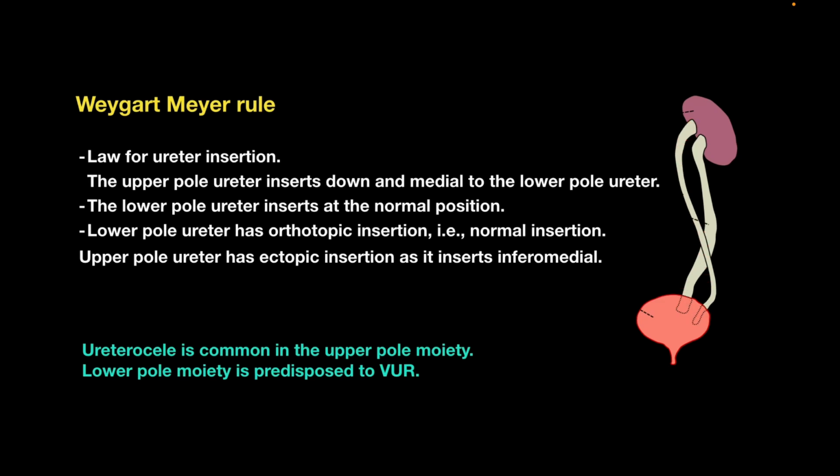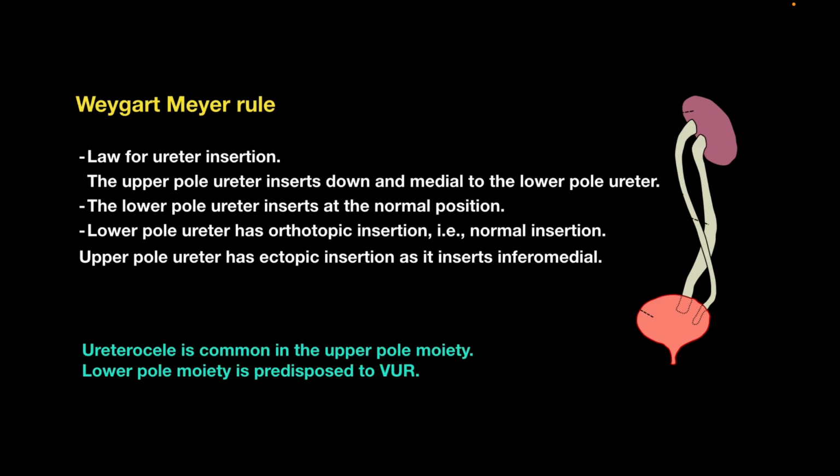Now the upper renal moiety ureter has ectopic insertion medial and inferior to the lower renal moiety ureter and frequently ends in ureterocele, while the lower renal moiety ureter has orthotopic insertion, that is a normal insertion, and it is lateral and superior to the upper renal moiety ureter, and it ends with vesico-ureteric reflux.